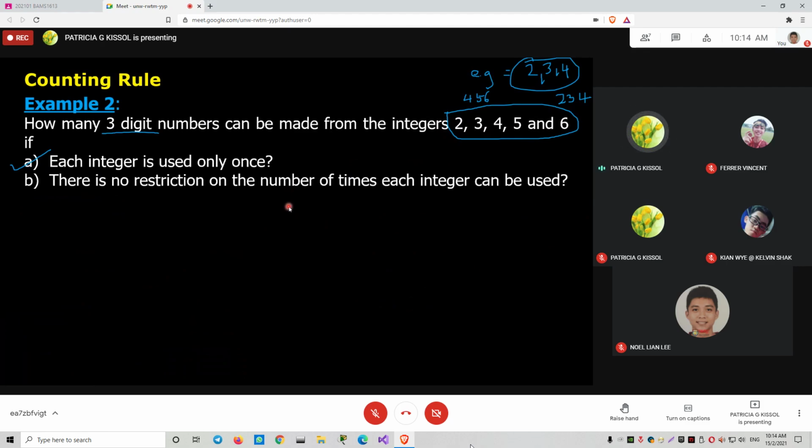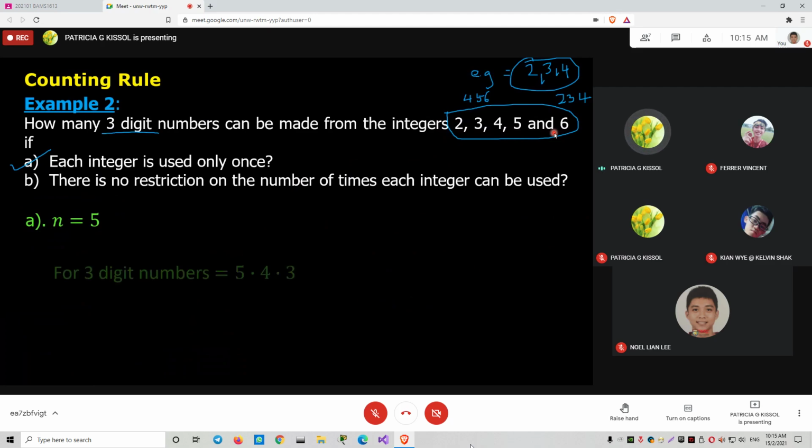So for part A, we know our n is 5, because I have 2, 3, 4, 5, 6 to choose from. But you can only choose 3 digits, and once you have already used a number, you cannot use it again.